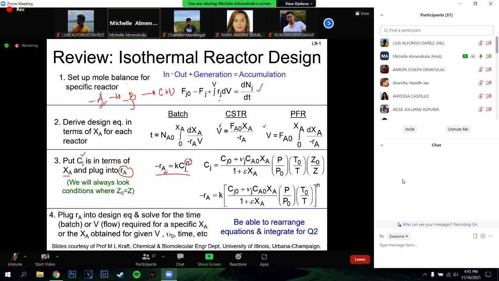For an elementary reaction, the rate law is always expressed as the concentration raised to the power equivalent to the coefficient of the reactant A or J. So this is a typical rate law based on a non-elementary reaction. In any case, we will be discussing that rate law.